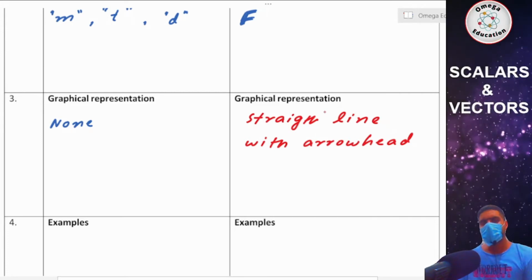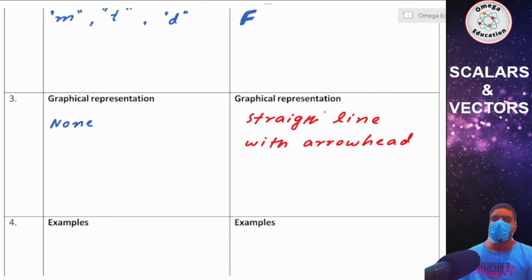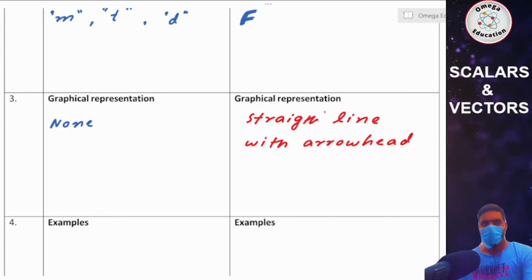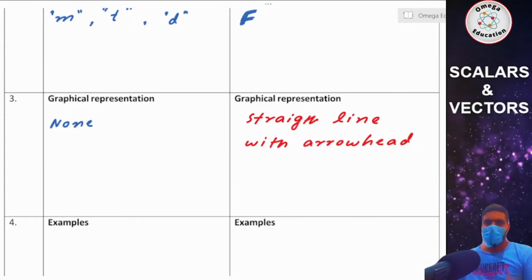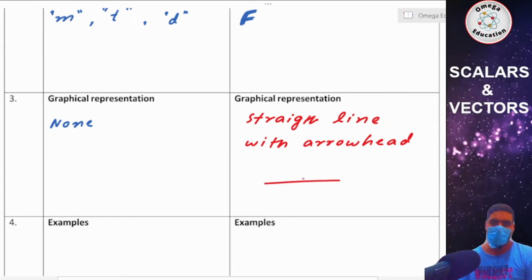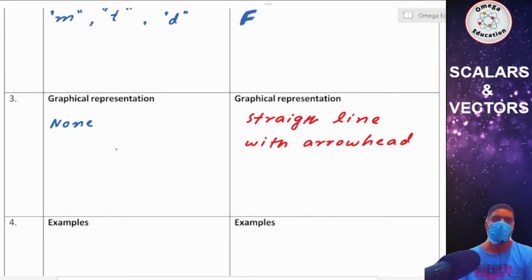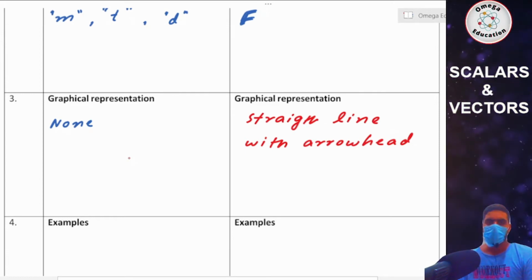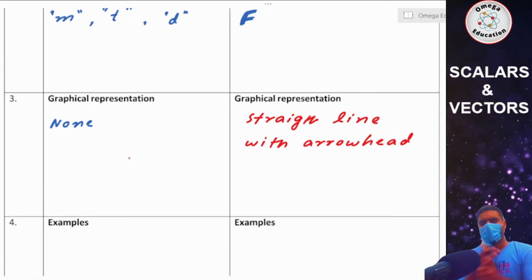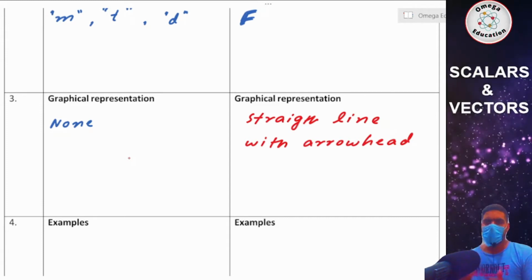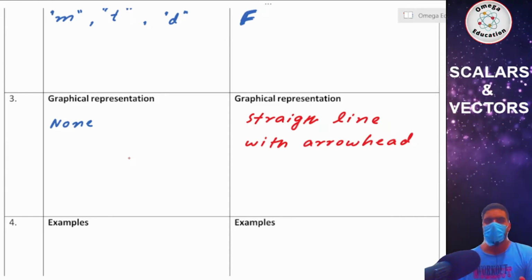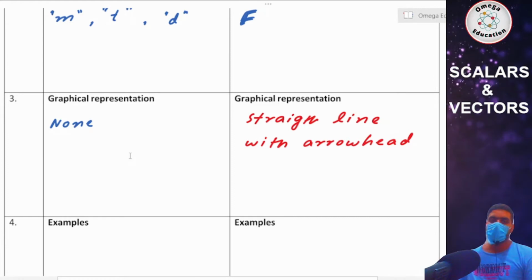In the upcoming slides we'll learn what the straight line represents and what the arrow represents for a vector. So for now you have to know that vectors are represented by a straight line and an arrowhead. For example, like this, it might be representing a vector. For scalar quantities we don't need their representation like this. There are some special cases where we might need to represent them, but at this stage we just assume that there's no graphical representation for scalar quantities.